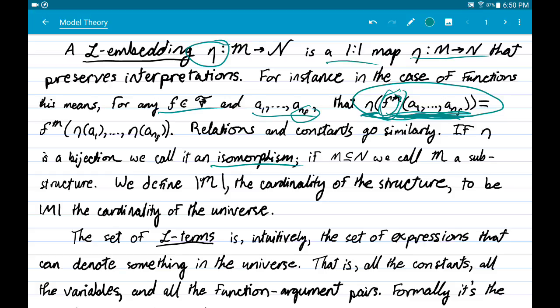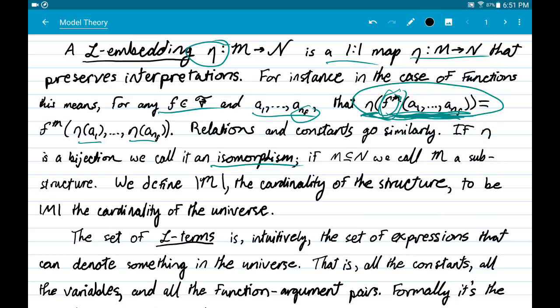Now, for eta to be an isomorphism, or an embedding, it must be the case that I could have mapped the individual elements first, and then used the... Oh, I have a typo here.